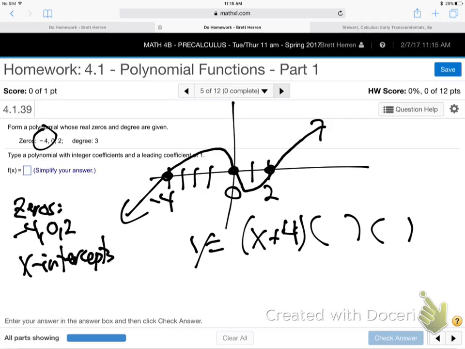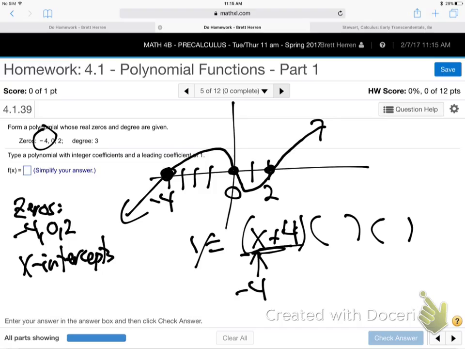Why? How do you know? Because I already know that if I plug in -4, I get a y height of 0. So you got to have a piece that's sticking -4 into it and makes that piece 0. Times whatever, 0 times anything, the whole thing is 0. Right? Does that make sense?